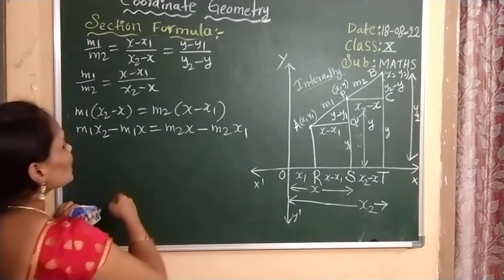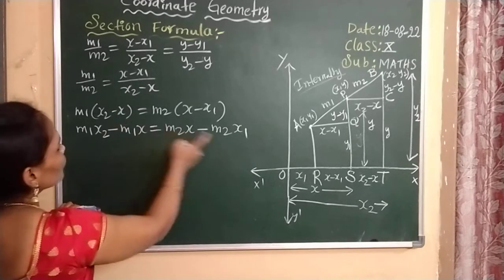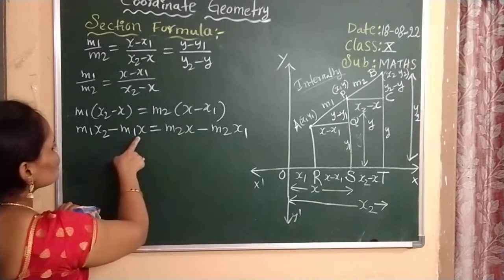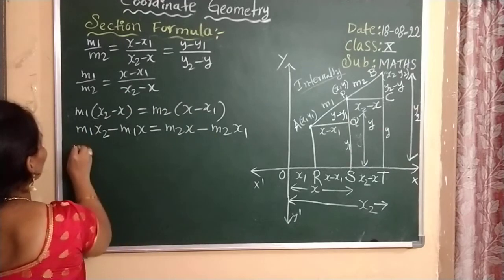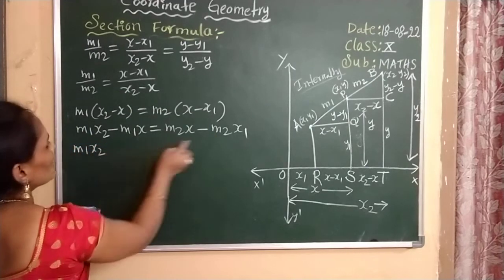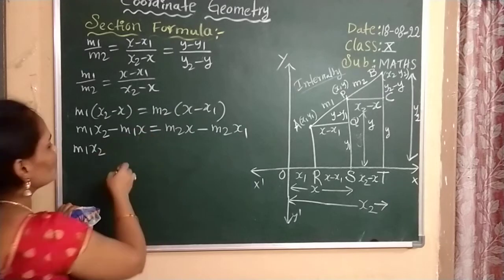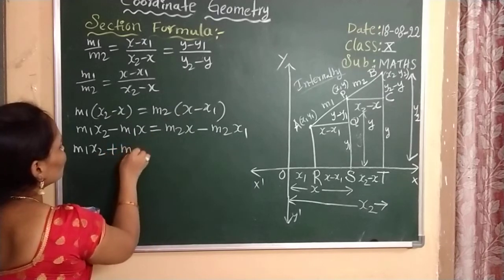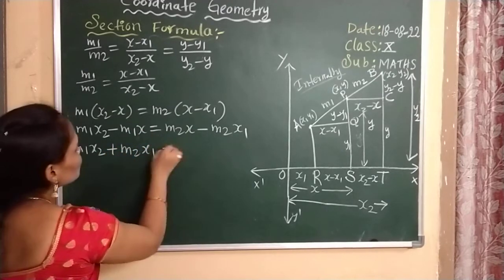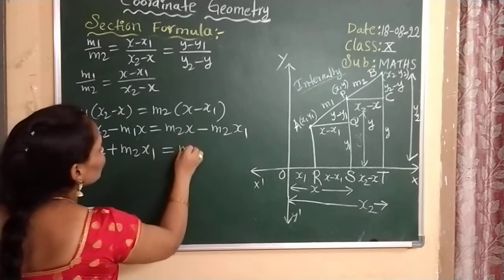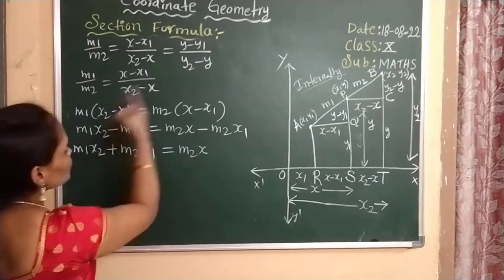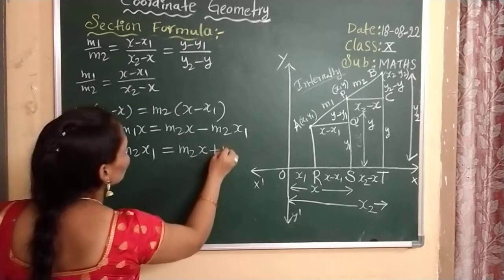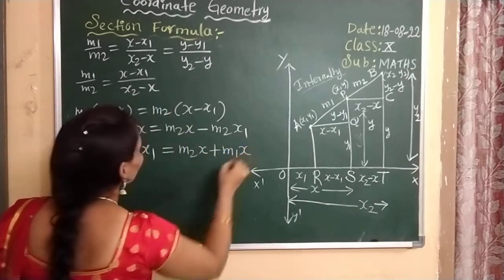Now x terms on one side and remaining terms on the other side. Take the transpose: the minus term becomes a plus term. So m1 x2 plus m2 x1 is equal to m2 x as it is, and this minus term, when you take the transpose, becomes a plus term.